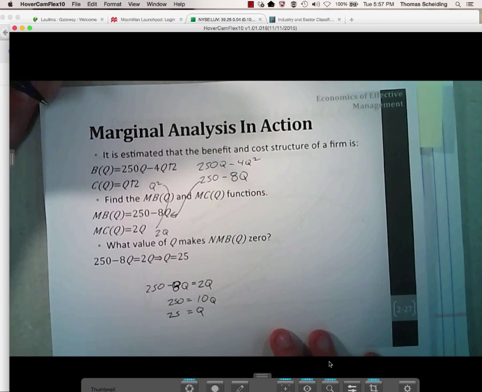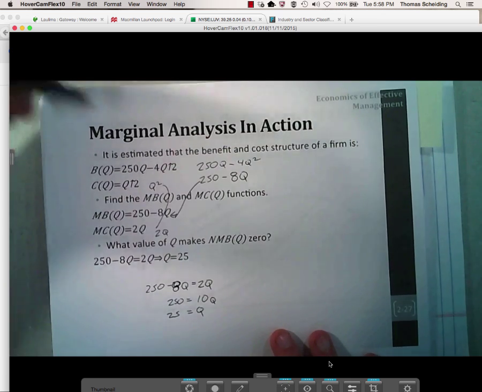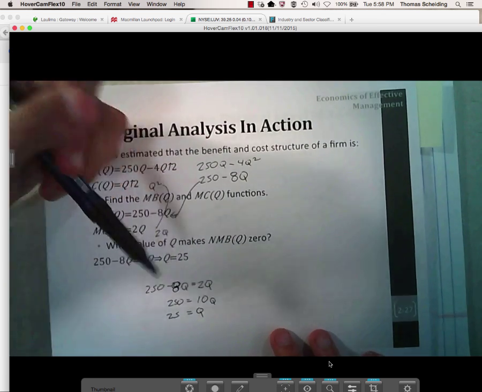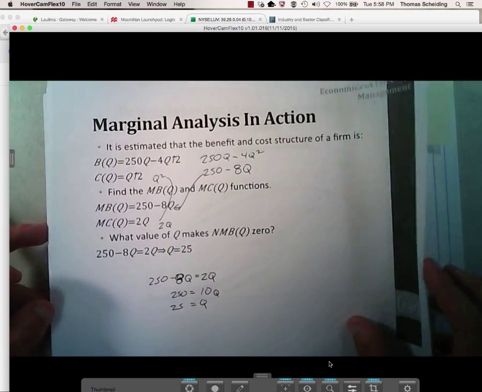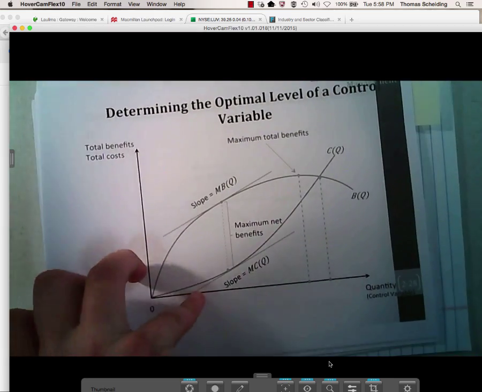So that I could find out how much I should make. Marginal benefits equal marginal cost when q is equal to 25. By making 25, my marginal benefits will equal my marginal costs, and the difference, my maximum benefits, will be maximized.